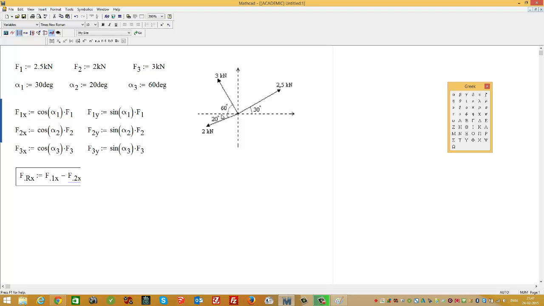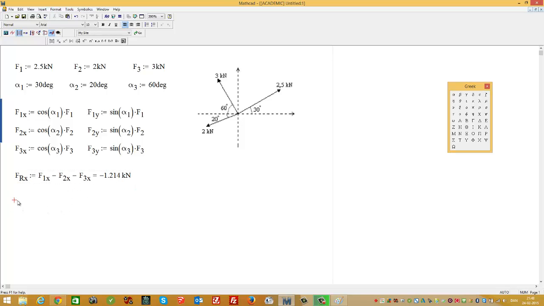And it's also minus for the third force because it's pointing to left. Minus F3x. And then I can take out the result. The input was kilonewton, so the output should also be kilonewton. So I can conclude the resultant in the x direction is minus 1.2 kilonewton, so it's pointing to left. And if you look at the total picture here, I think that seems likely because two of the forces are pointing to left and only one to right.